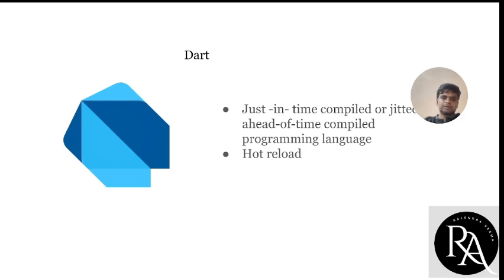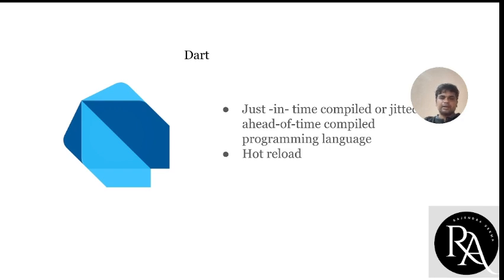So Android developers are more comfortable with Java, and less comfortable with Kotlin. The Dart programming language is very similar to Java, and because of this, Android developers can very easily adapt to Flutter development.